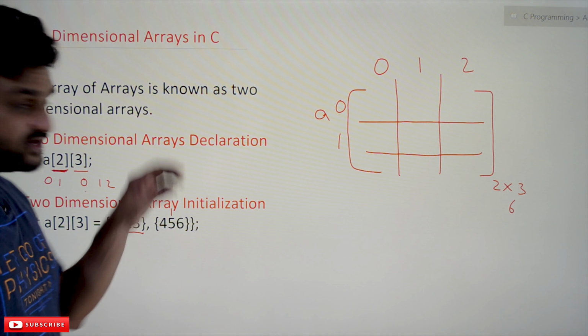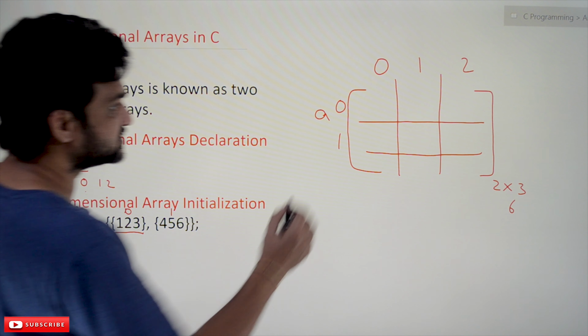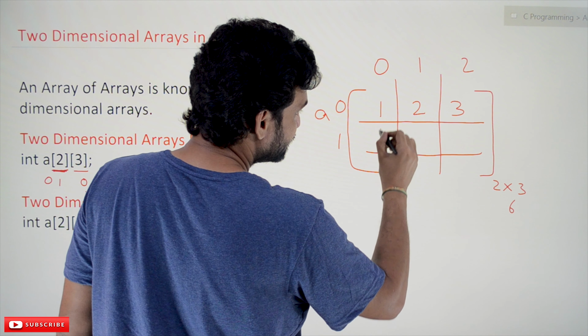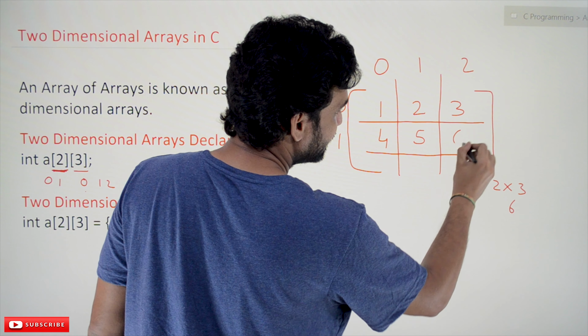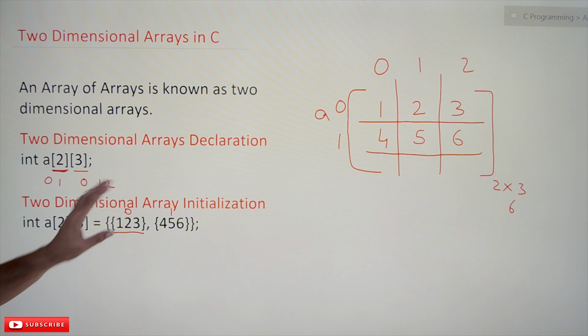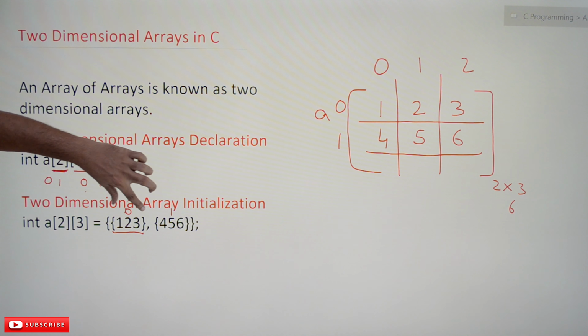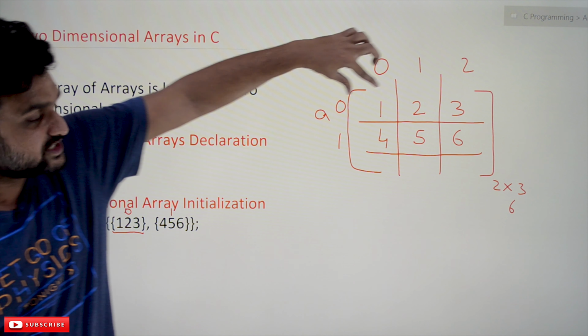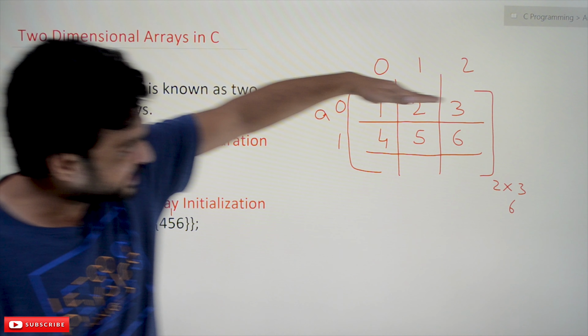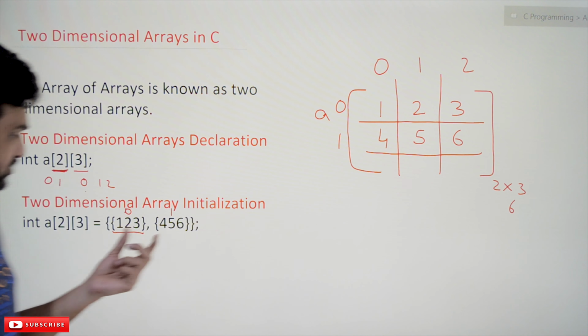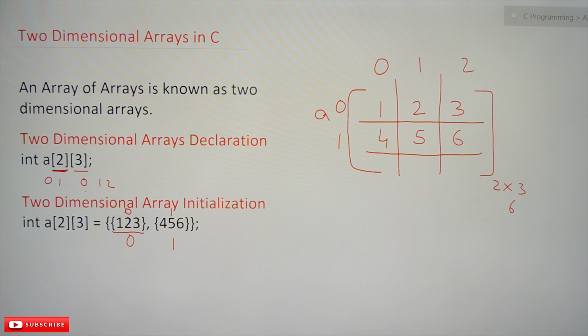So the values are 1, 2, 3, 4, 5 and 6. The inner braces represent the values stored in each and every row. So 1, 2, 3 get stored in the first row with index 0, and 4, 5, 6 get stored in the second row with index 1.